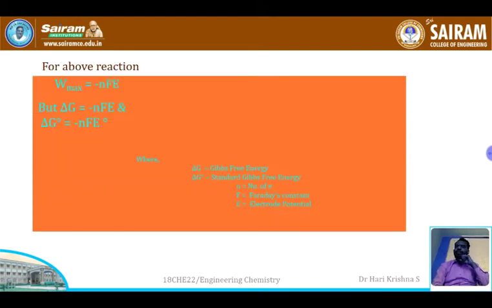Any reaction which occurs in the universe is accompanied by a decrease in free energy. The decrease in free energy is given by delta G equals minus W max, where W max is given as minus nFE.